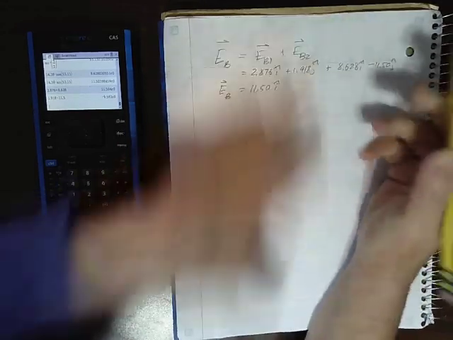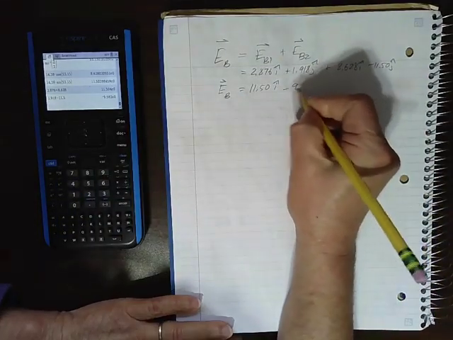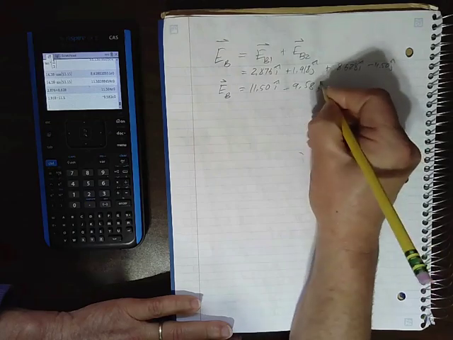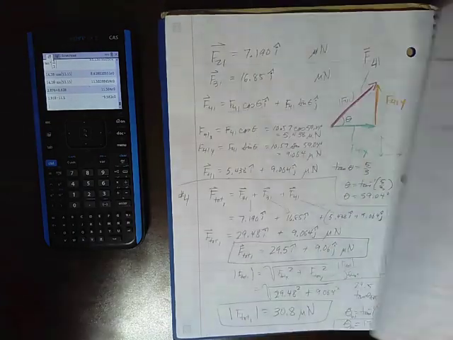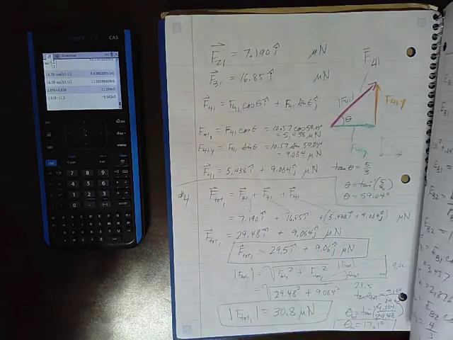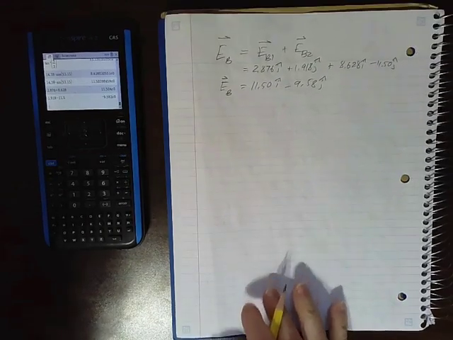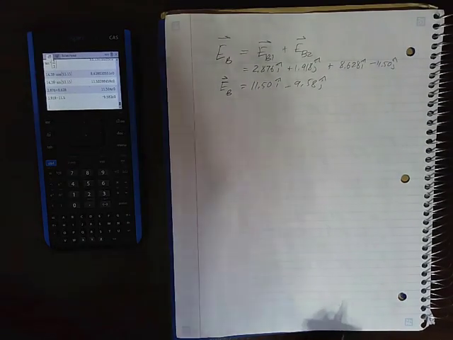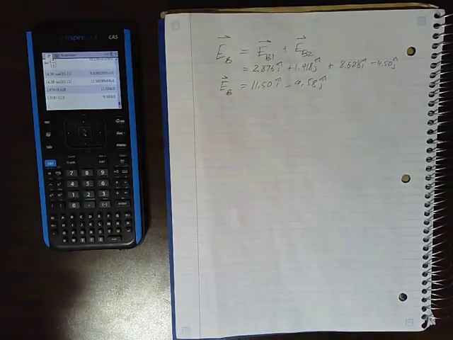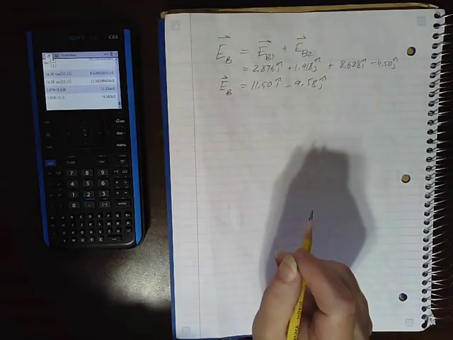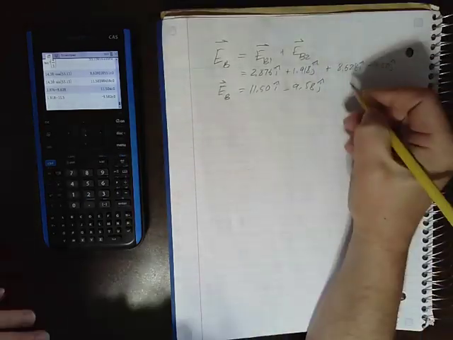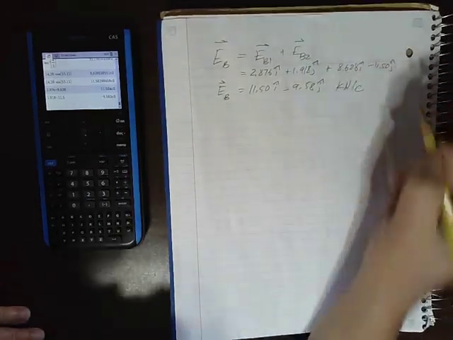So the minuses win, so it's minus 9.58 j hat. Let me just double check there. Okay, it looks okay. And this is still kilonewtons per coulomb.